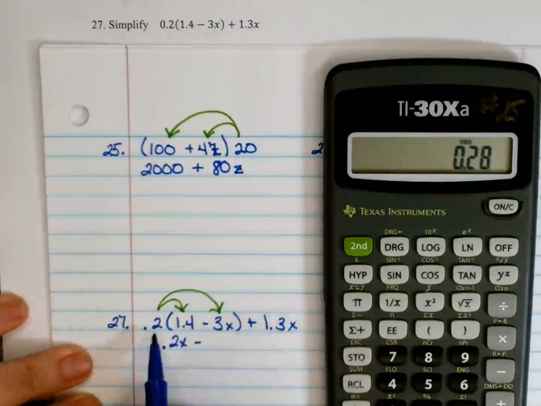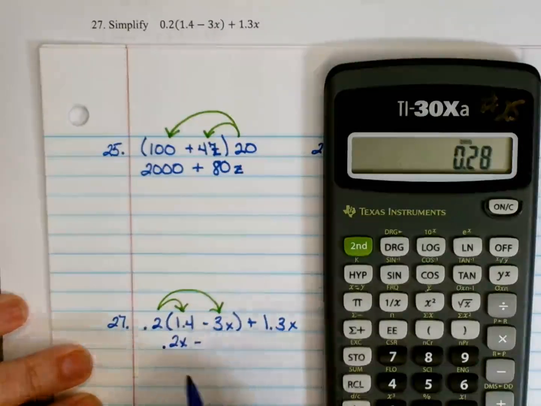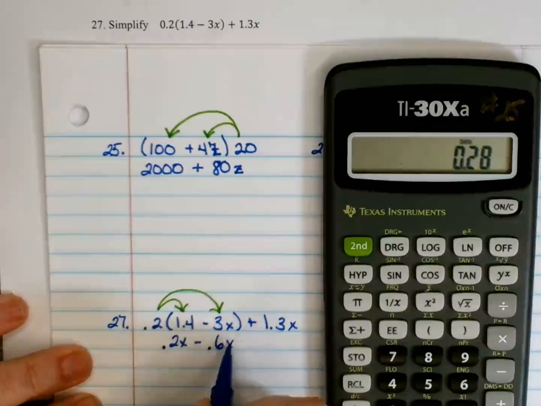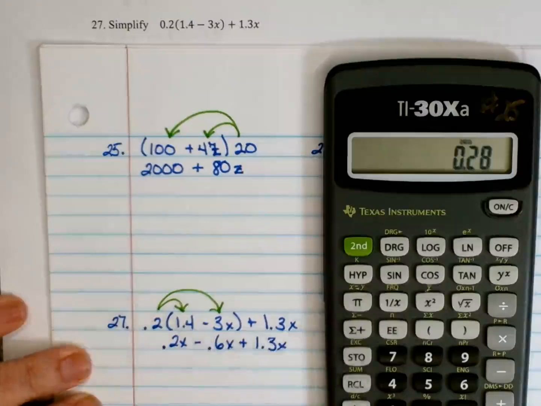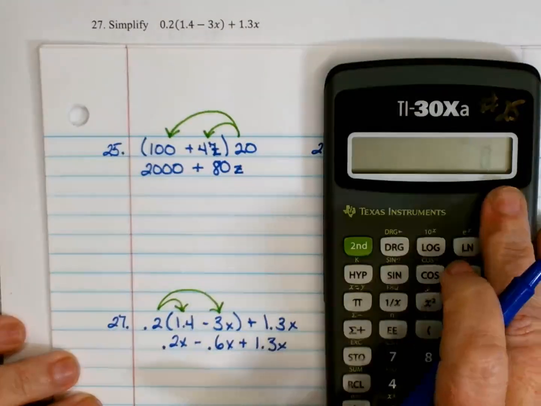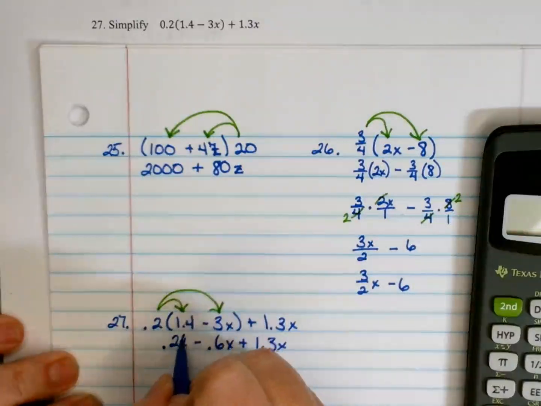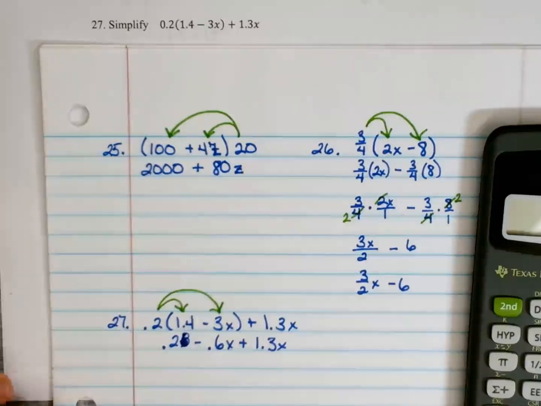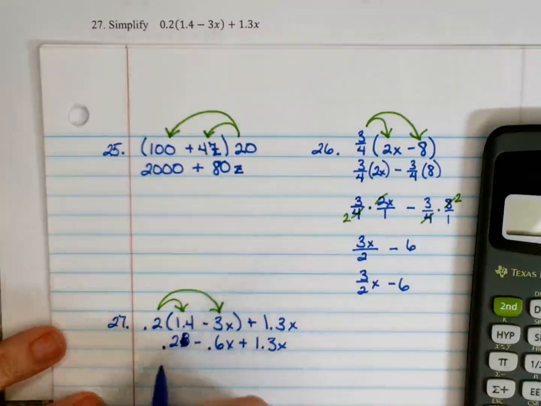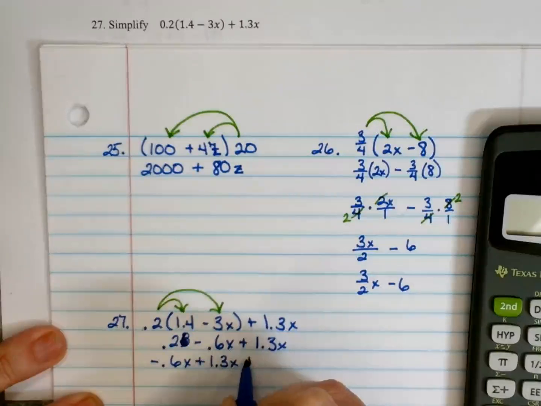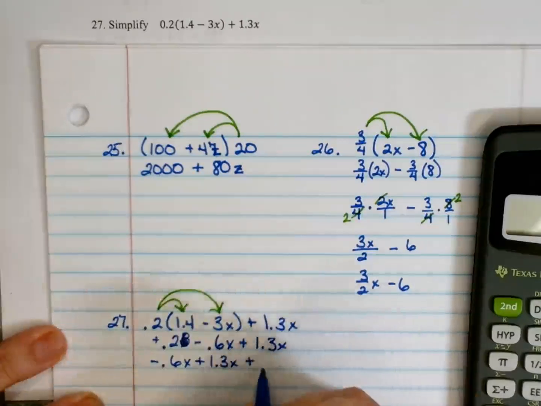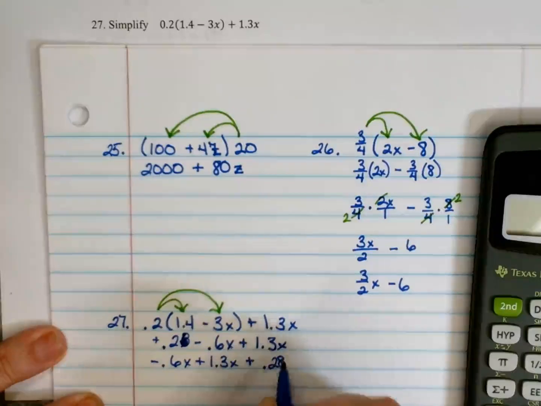Minus 0.2 times 3 is going to be 0.6x plus 1.3x. Okay. Oops, that's not 2x. That's 0.28. So I have negative 0.6x plus 1.3x plus, because this is a positive sign here, 0.28.